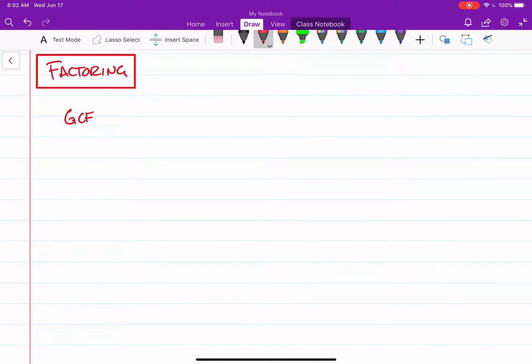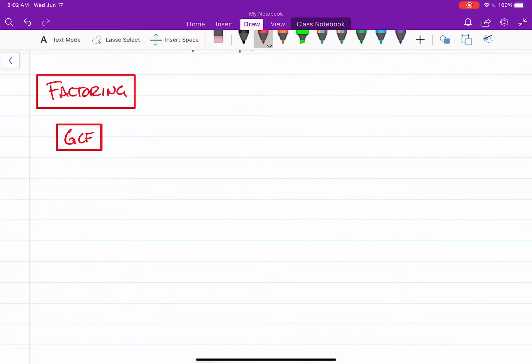After the GCF, we want to see how many terms there are. There can possibly be 2 terms. With 2 terms, we ask ourselves the question: is it the difference of 2 perfect squares?